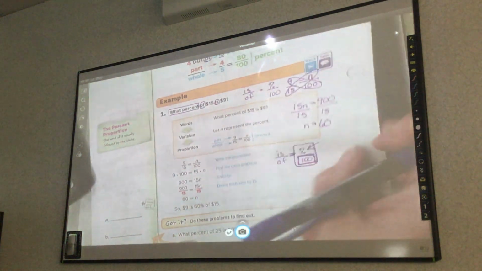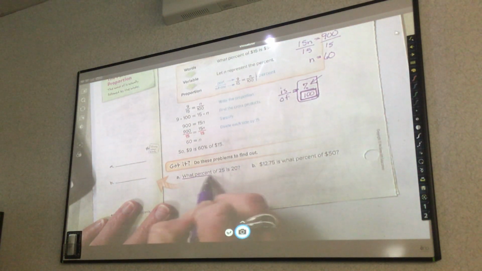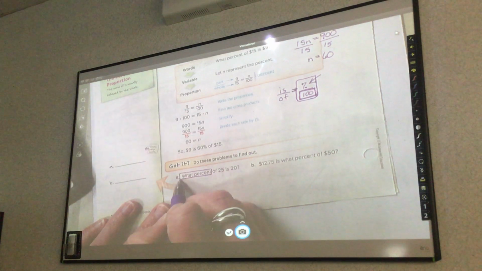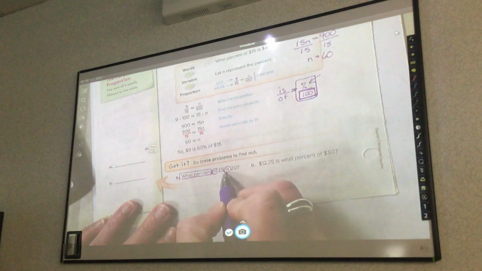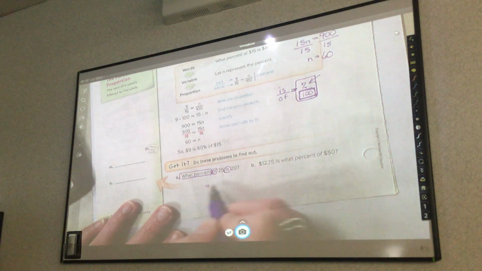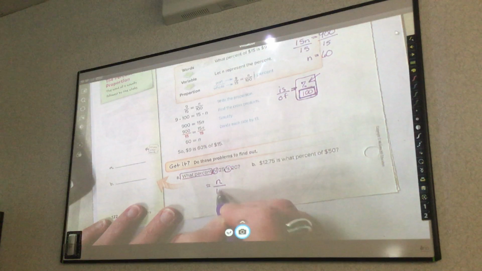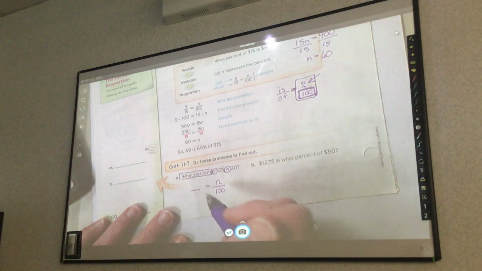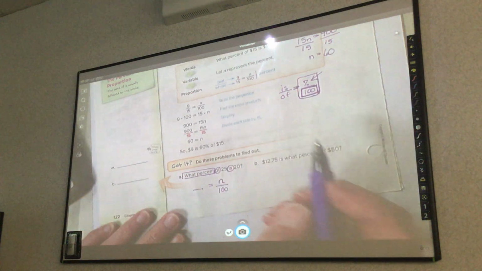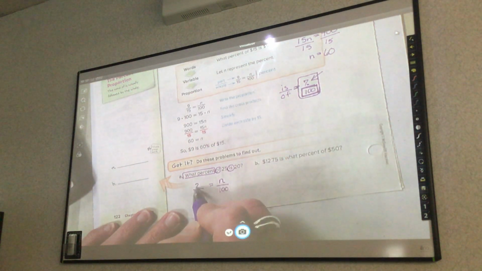So let's look at letter A. What percent of 25 is 20? So I need to know my what percent. So that is my letter. 100 always stays. What number is going to be on the top on the left hand side? 20. 20 because of the word is.